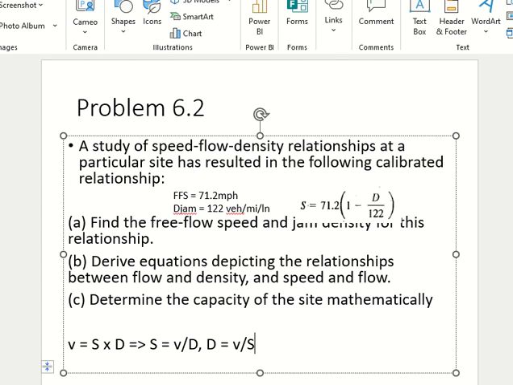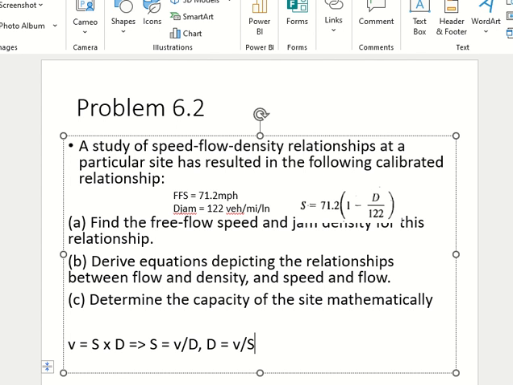So you will take the two equations which you will make, the parabolic equations. You will take the derivative, put them equal to 0. You find out density, you find out the speed, and then you can use any of these equations. You can use this one as well, V equals S into D.